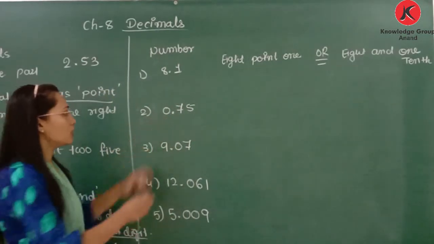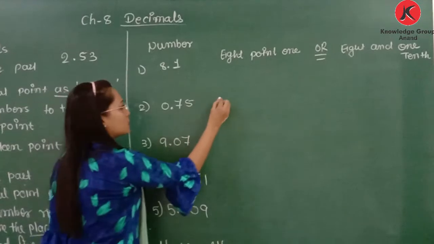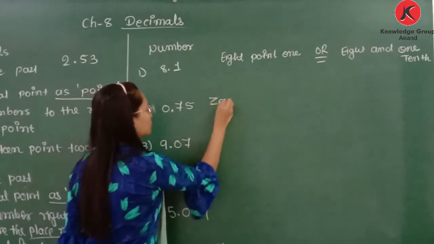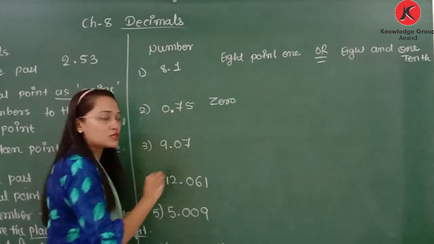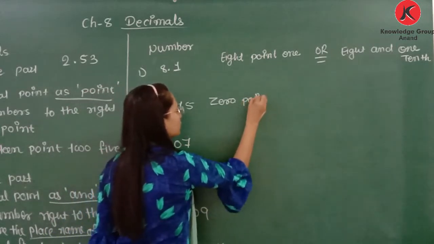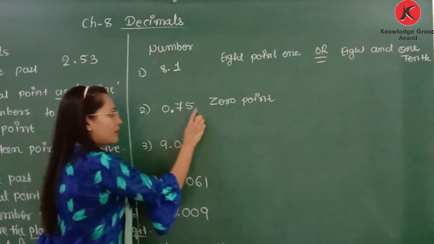Now for the second one, 0.75. The whole part is 0, so it is 0, then read the decimal point as a point, 75.